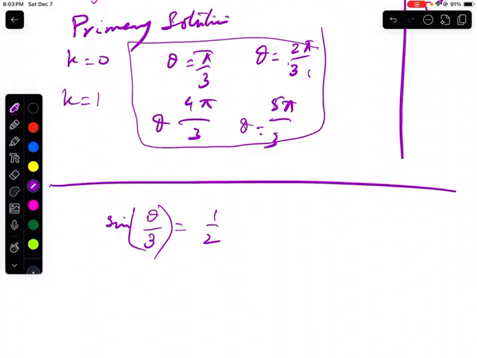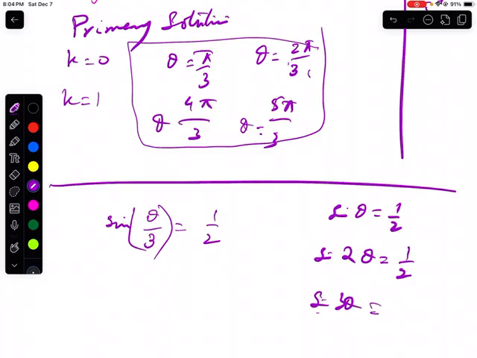When you have just sine of theta equal to 1/2, you get two primary solutions, and then you can of course write the general solution using those two. If you have sine of 2 theta equal to 1/2, I showed you that you will get 4 primary solutions. And if you have sine of 3 theta, you'll get 6 primary solutions.